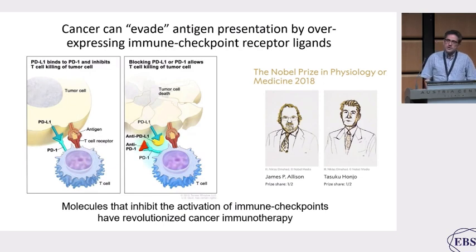So what they do is that they overexpress other ligands on their surface, like the immune checkpoint ligands on here, that essentially nullify the antigenic interaction that I just showed you and instruct the immune system to ignore them. This discovery resulted in the Nobel Prize in Physiology and Medicine in 2018 to Drs. Allison and Honjo.